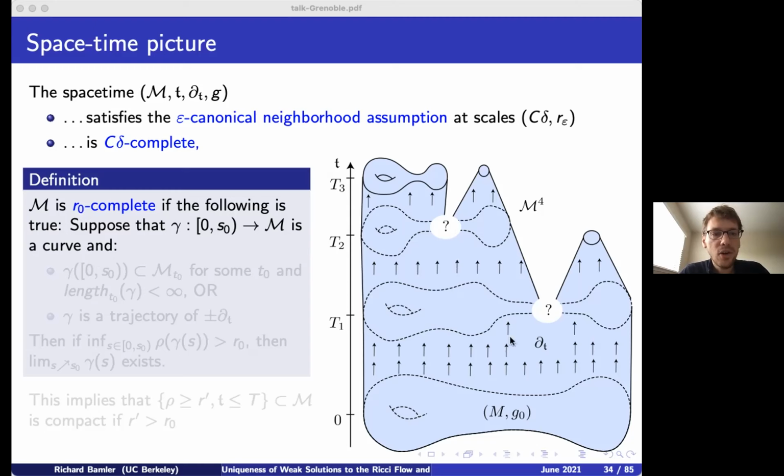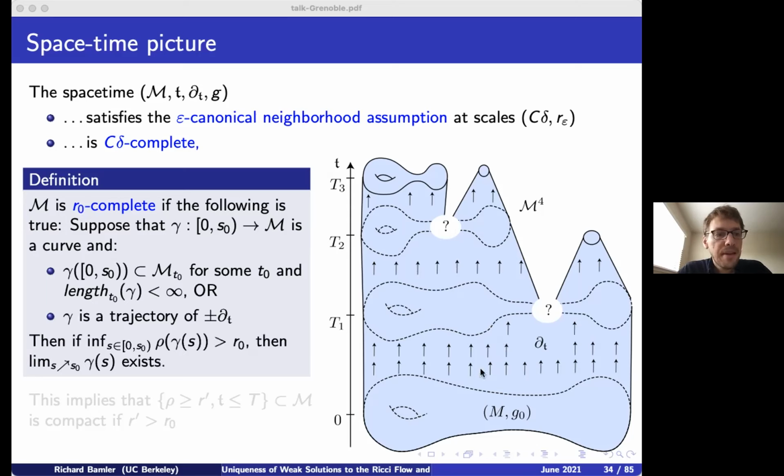Whenever I take a smooth curve defined on a half-open interval that satisfies one of the following conditions: either it's a curve fully contained in a single time slice and its length is finite, or the curve is a trajectory of plus or minus the time vector field. So it's basically either horizontal or vertical.